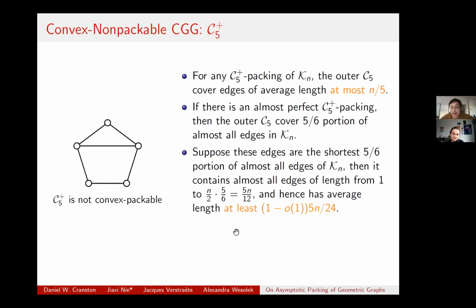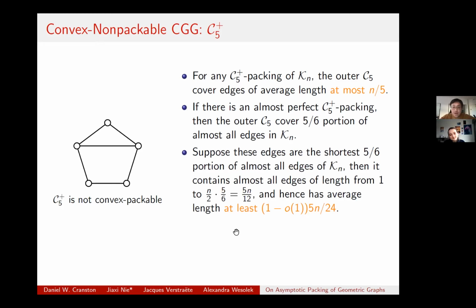We suppose these edges are the shortest 5/6 portion of almost all edges of Kn, then it contains almost all edges of length from 1 to n/2 times 5/6, because n/2 is the largest edge length.